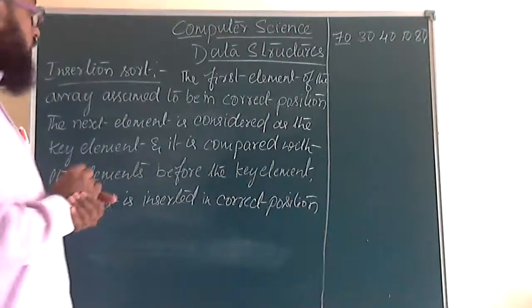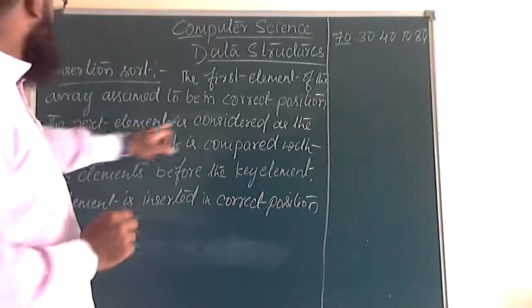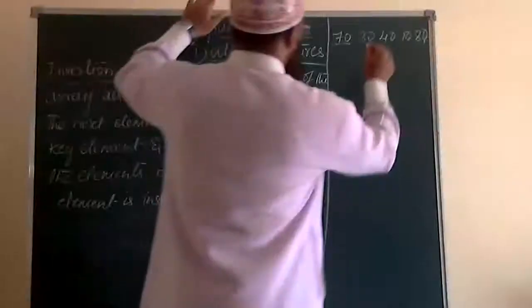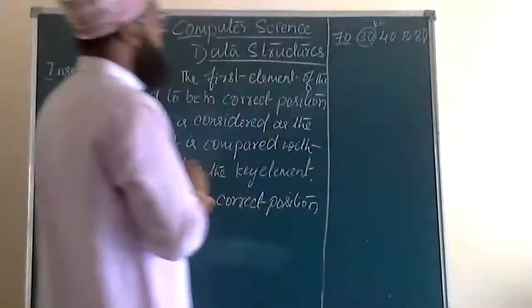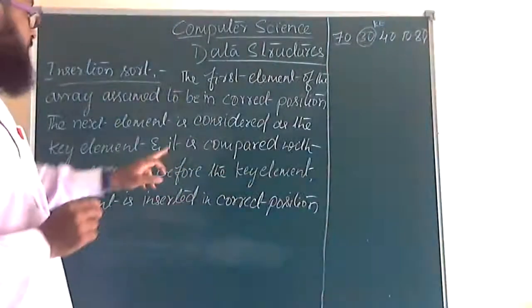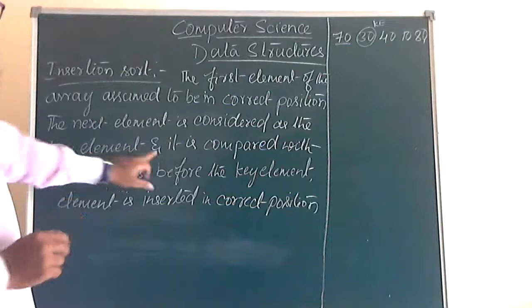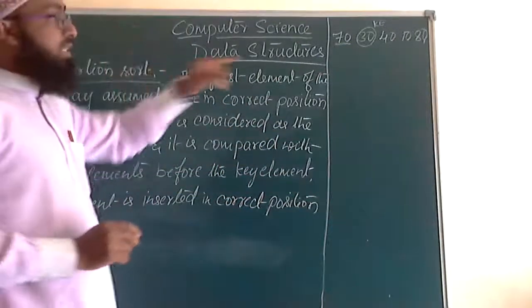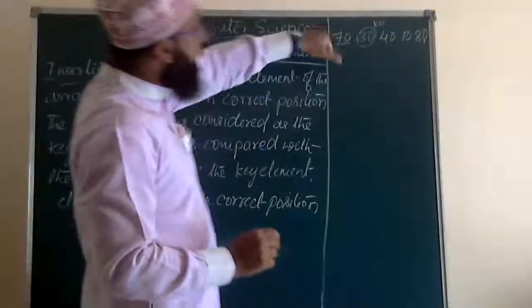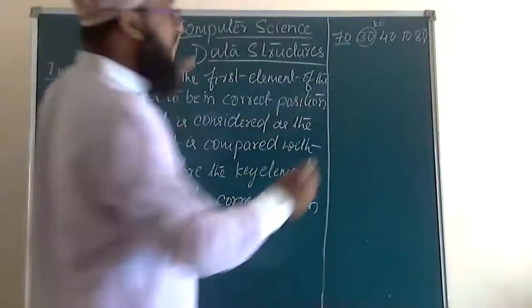Then the next element is considered as the key element. Think of this as the key element. It is compared with the elements before the key element.